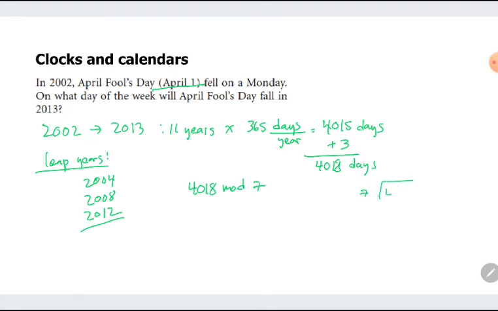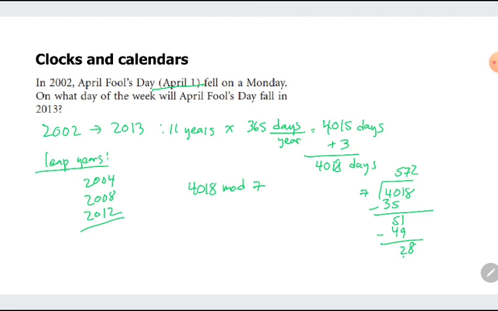Let's divide 4,018 by 7. 7 times 5, that's 35. So 40 minus 35, that's 5. Bring down 1, 51. 7 times 7, 49. 51 minus 49, that's 2. Bring down the 8. 7 times 2 is 14.